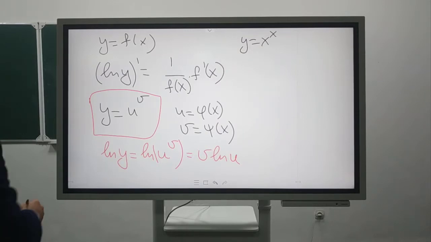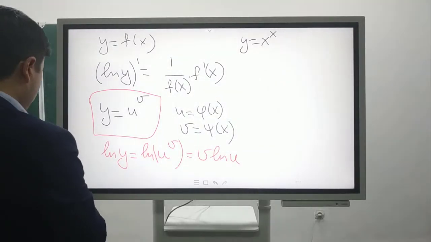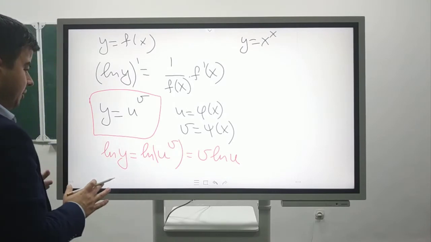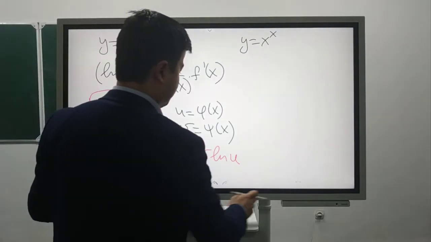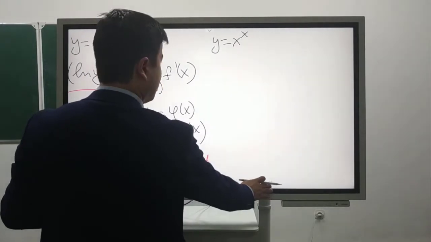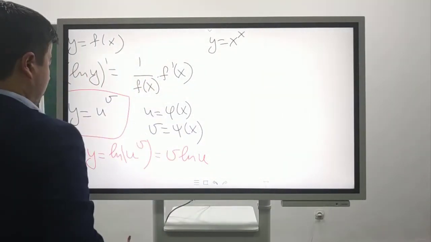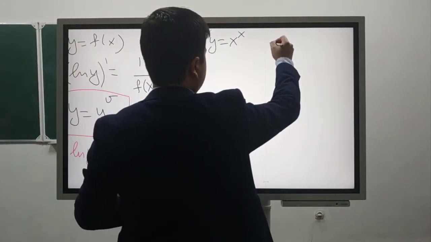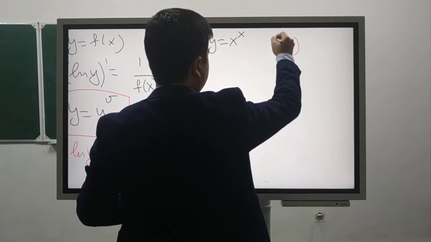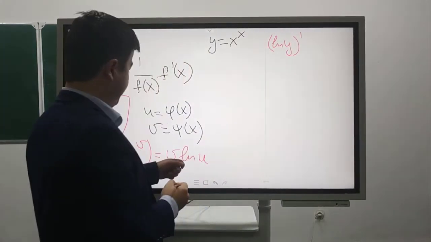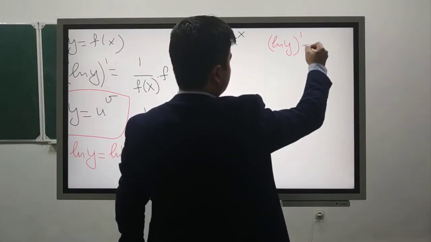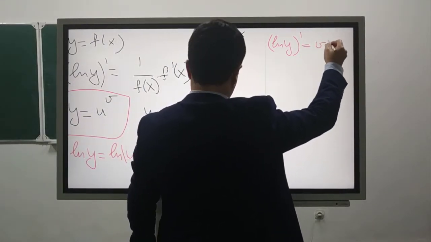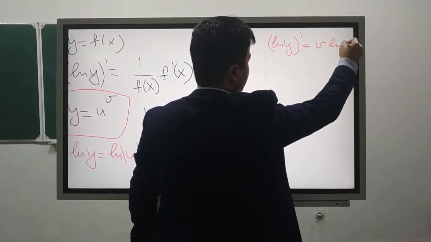So, and now let's consider the derivative of these functions. Let me write here. So, natural logarithm of y derivative and this one, v times natural logarithm of u derivative.